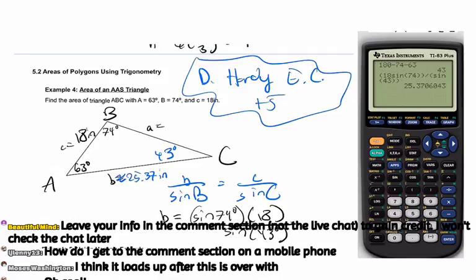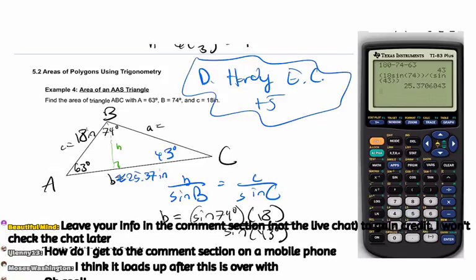Okay. So then can we find the height? So we want to find the height, right? Let's use the 63. If we used the 43 and took the sine of that, we don't know A. But if we took the sine of 63, that's going to be h over c, so we can find it.